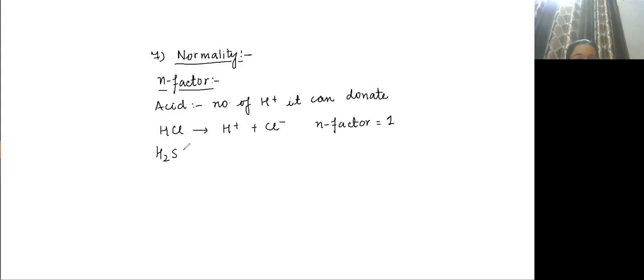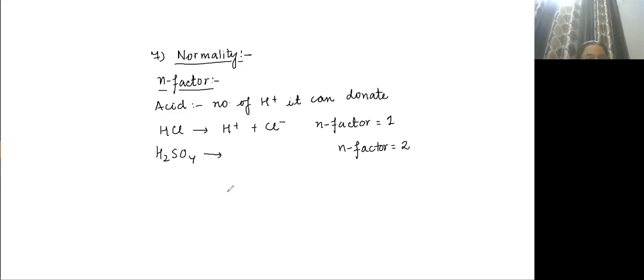H2SO4 has how many H plus? It has 2 H plus, so n factor will be, correct. N factor is 2. Now how will you split it? How will you write down H2SO4 on decomposition will give?